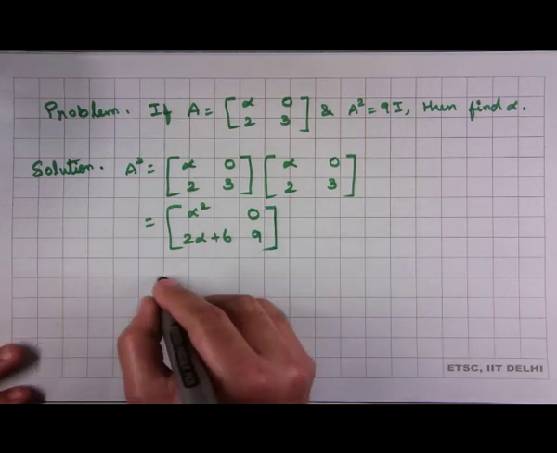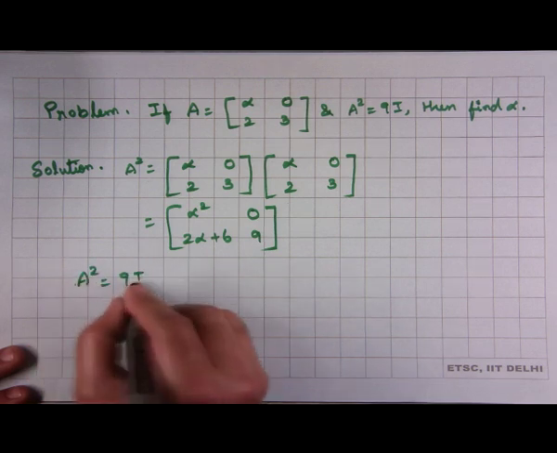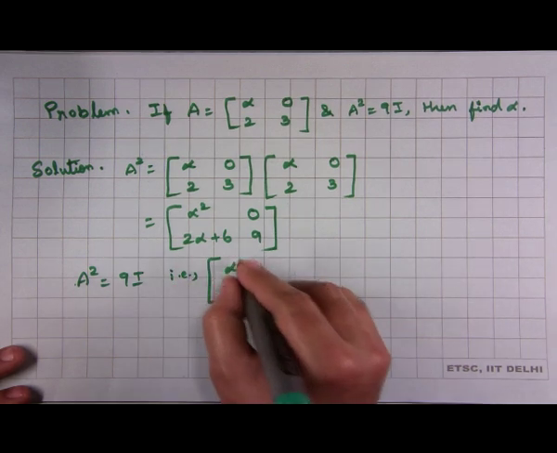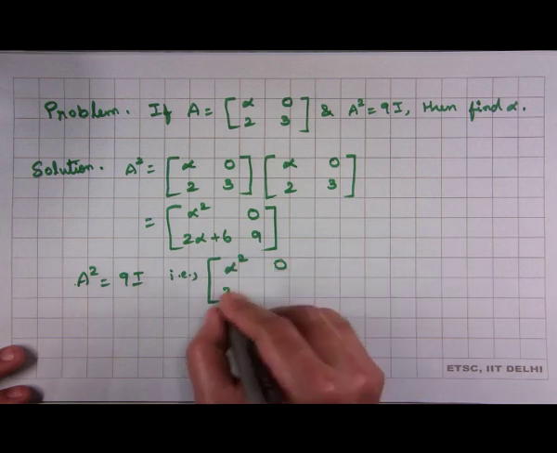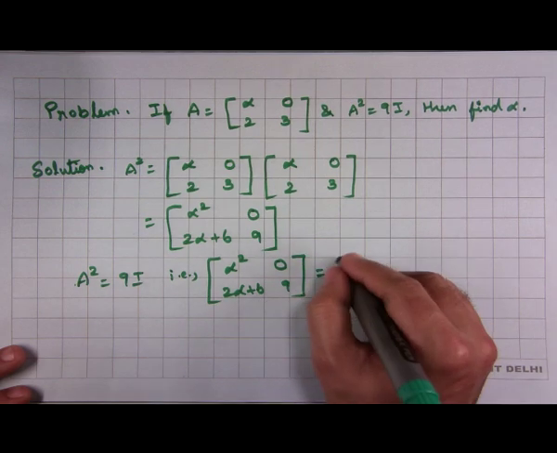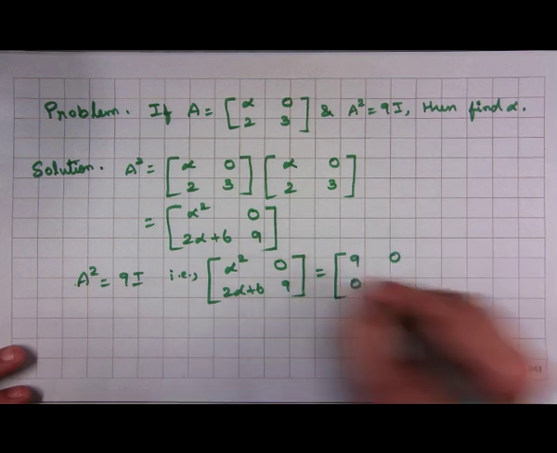Now, we are given that A squared is 9 times I, that is the matrix alpha squared 0, 2 alpha plus 6 9 equals 9 0, 0 9.